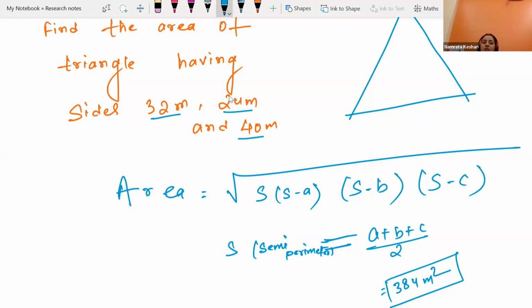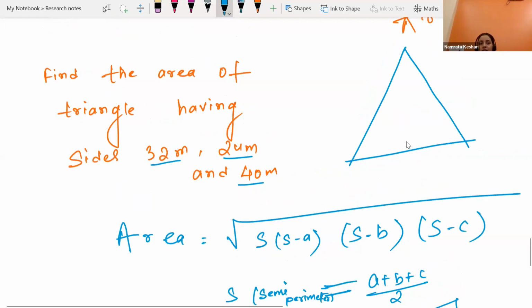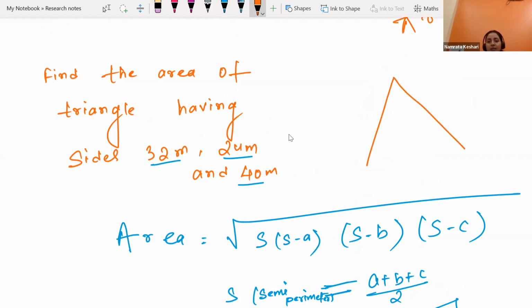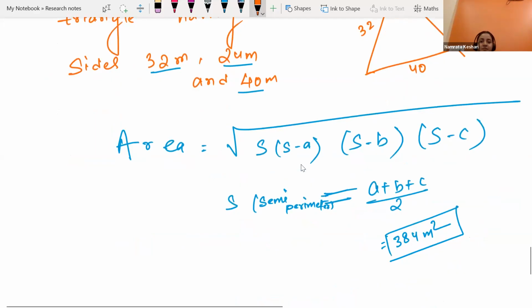If one side is 32, another is 24, another is 40, it is scalene. Don't worry about the figure. In mathematics, even if you draw any triangle that looks the same on all sides and say it is 32, 24, 40, that works.